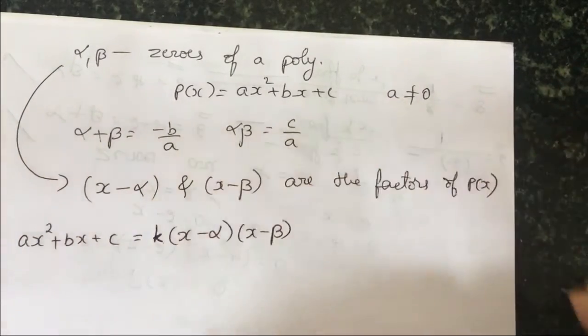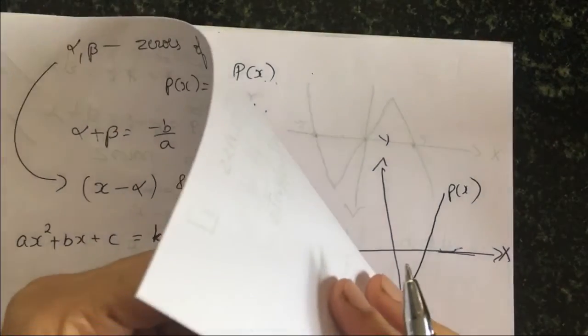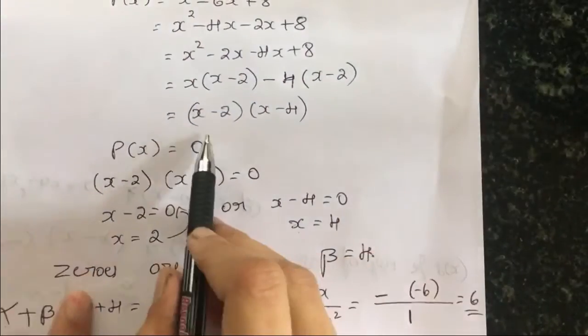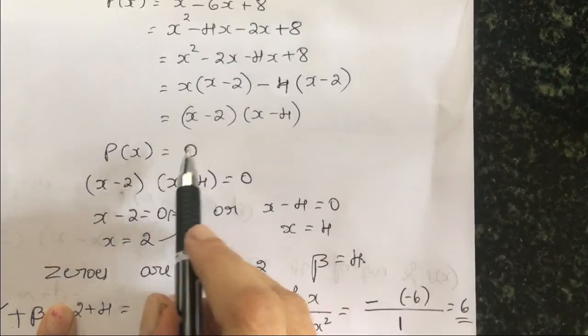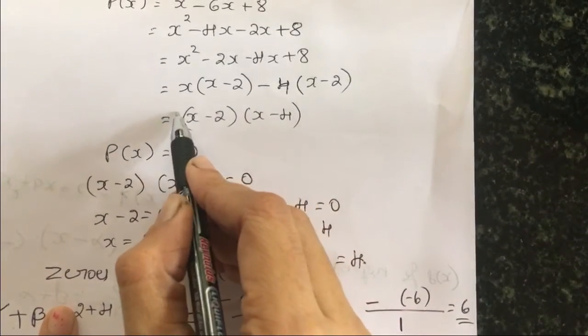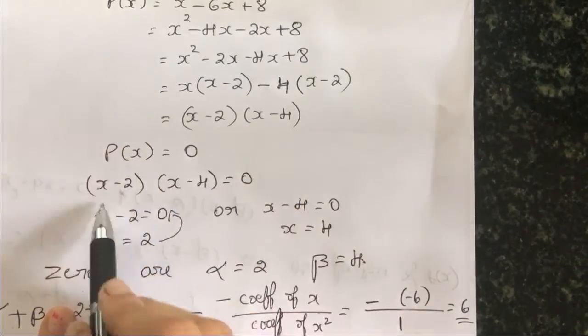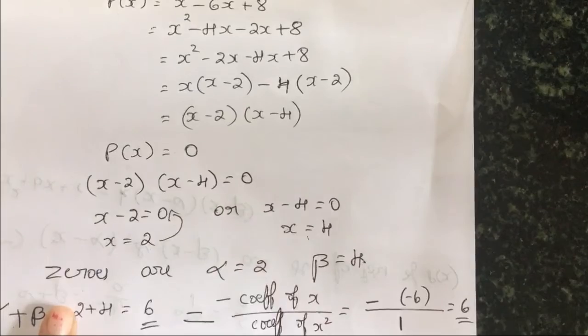See what happens when you take the last problem. Here you got x minus 2 into x minus 4 equal to 0. If there is some number over here, then the values of alpha and beta won't change.